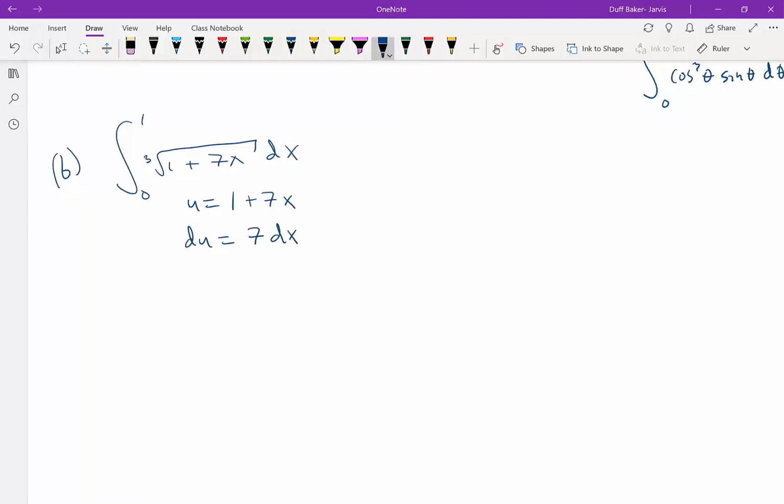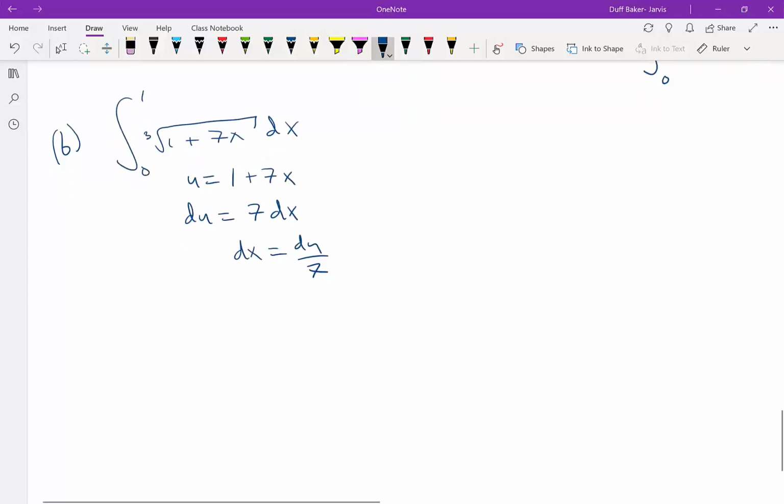We just always do that. And then we look in our integral, and I only have the dx. I don't have the 7, right? So we solve for the part we do have, or at least that's one way of doing it. So dx would be du over 7. And now I can use this to replace things.